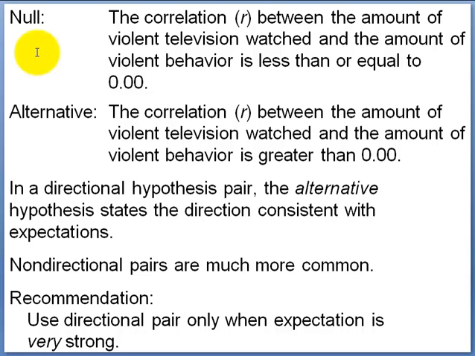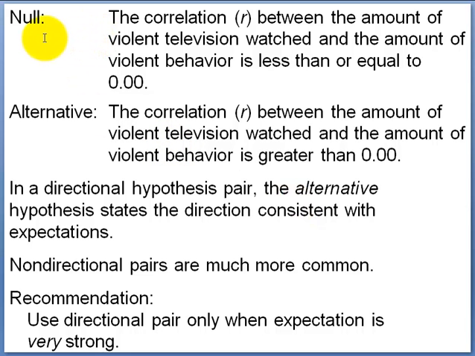So the next question is, given that we've reached a decision to use a directional pair, which hypothesis, the null or the alternative, is going to state the direction that is consistent with our expected result. The answer is that when you formulate a directional pair, the alternative hypothesis states the direction of expectations.